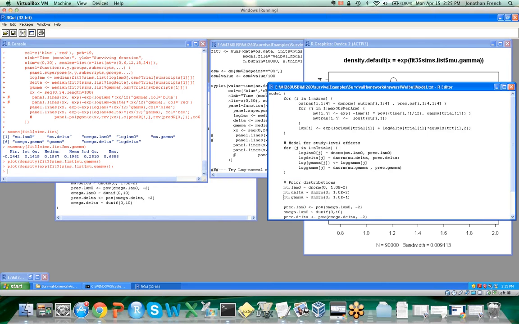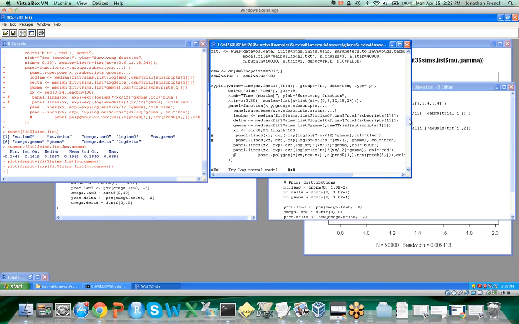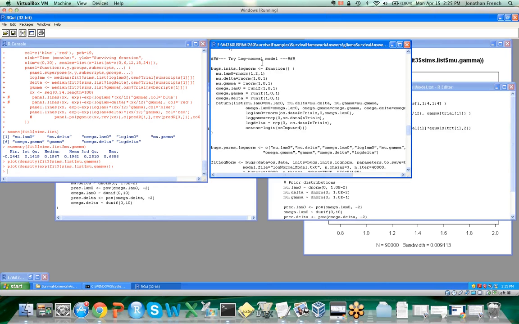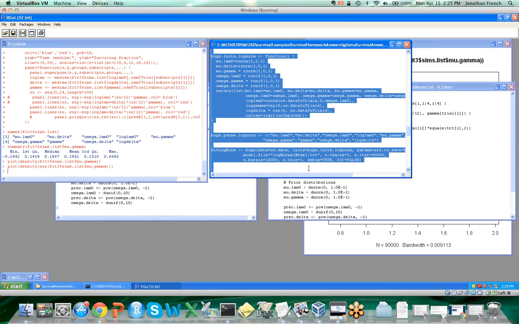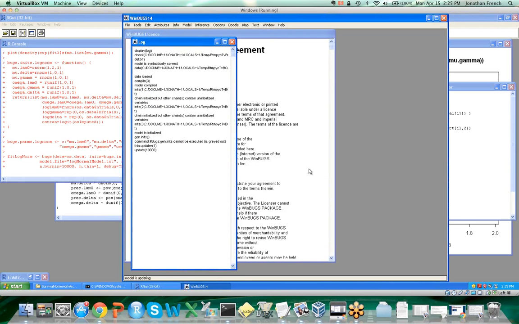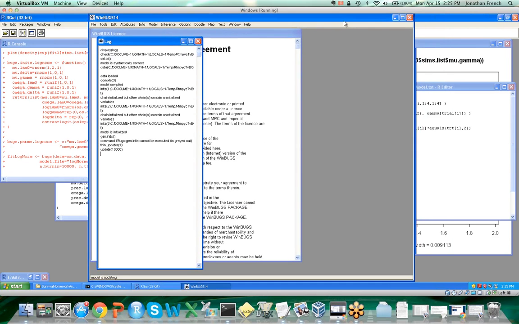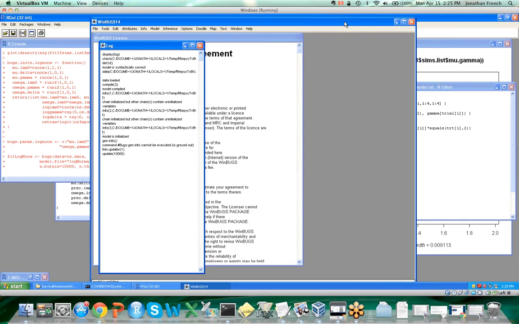Okay, so we talked quickly through the log normal model. I'll just go ahead and fit that model for you to give you a sense for how that model fits. And it turns out that the log normal model provides a slightly better fit to the data than does the Weibull model. And so we'll fit this log normal model using the correlation structure that the theory tells us it should have.